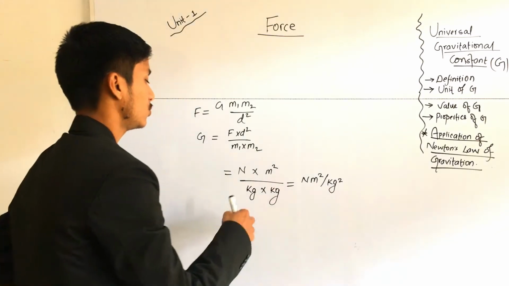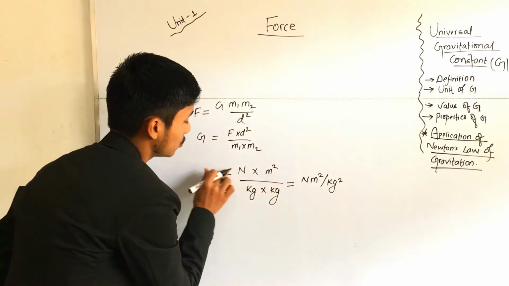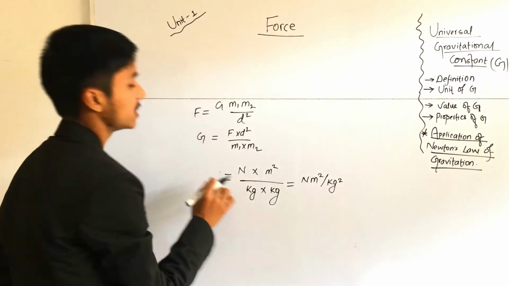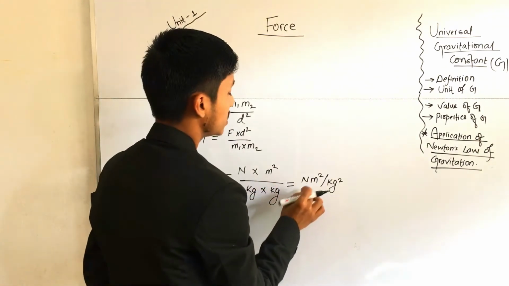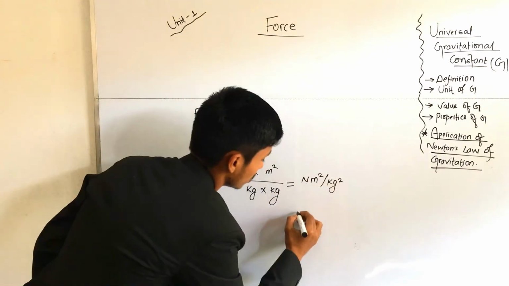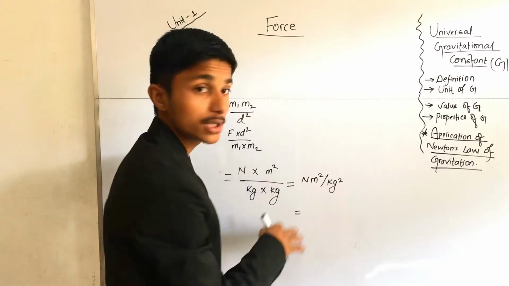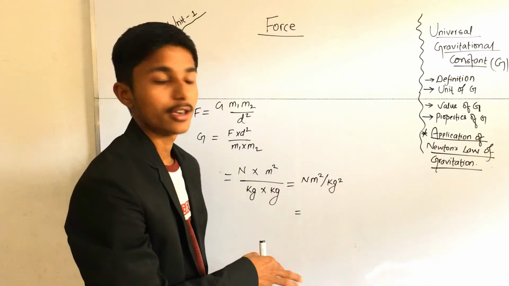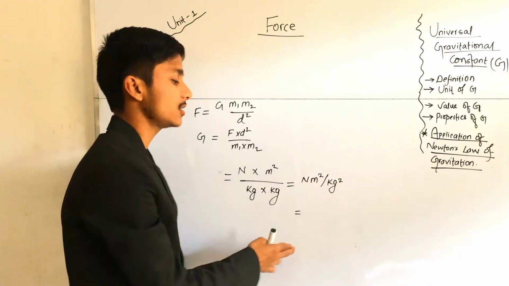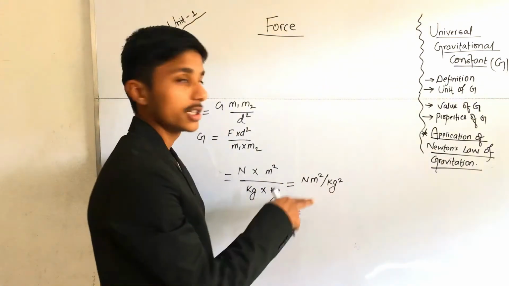To know it in the CGS system, we just change it into the CGS system. The unit of force in the CGS system is dyne, that of meter is centimeter, and kg is gram.